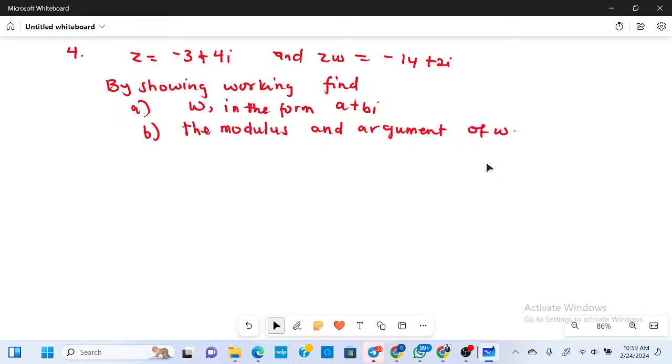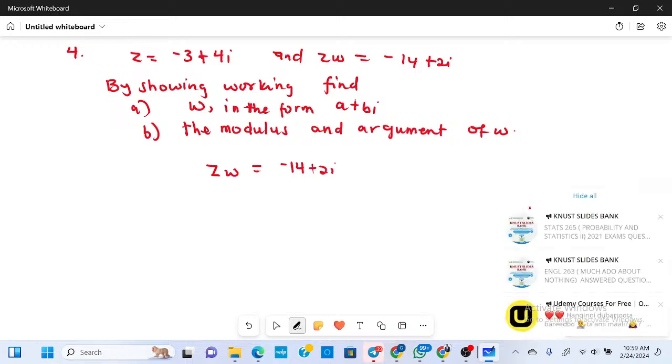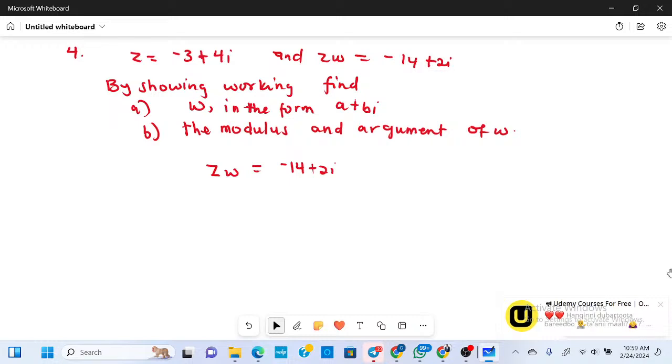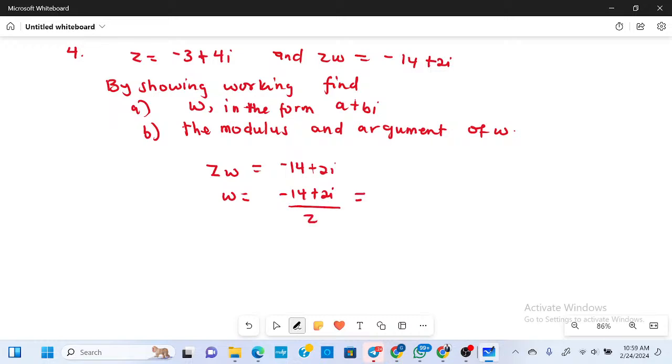So to solve this problem, you just take zw, which is equal to negative 14 plus 2i. Then we make w the subject from this side. So I'll have w to be equal to negative 14 plus 2i over z. And this is also equal to negative 14 plus 2i over the expression, my z is negative 3 plus 4i.